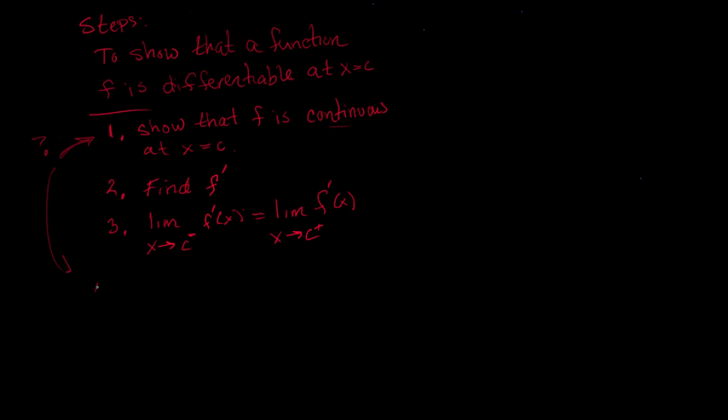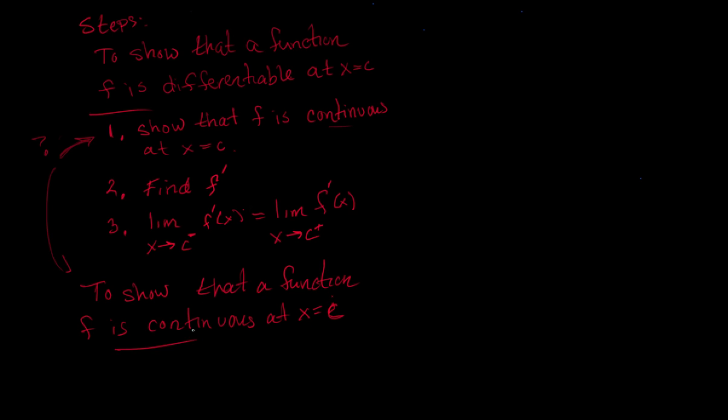So to show that a function f is continuous at x equals c, we have to do the following 3 things. First of all, show that f is defined at c.